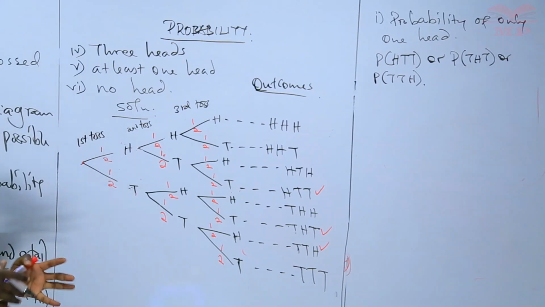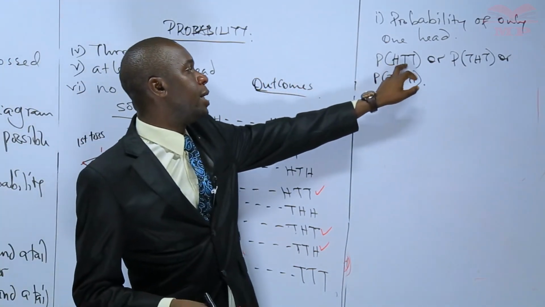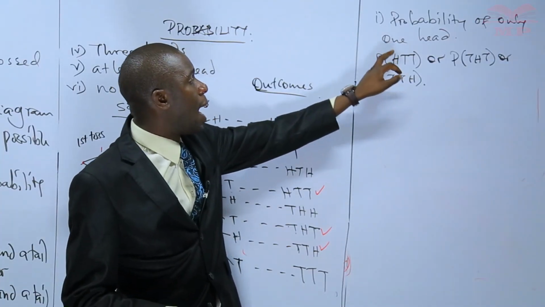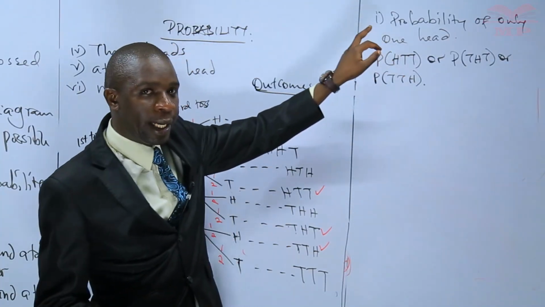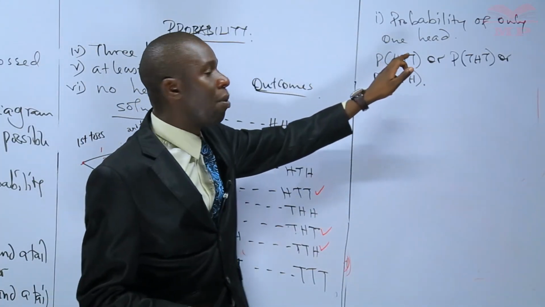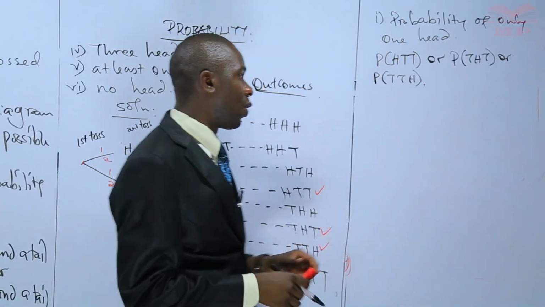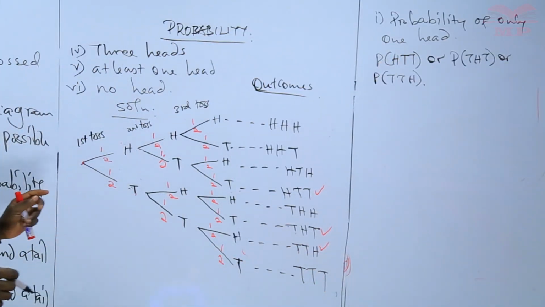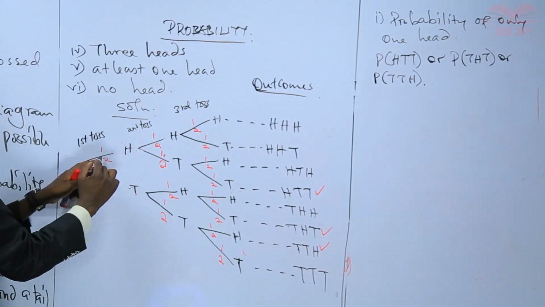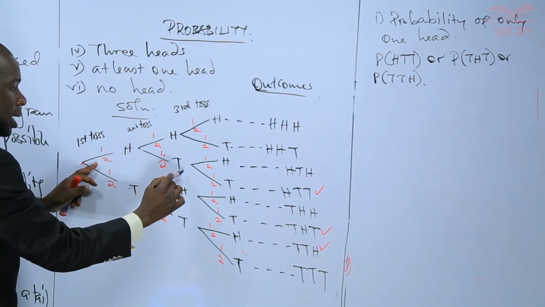Now, there's something I want us to remember. For example, if we say head, tail, tail, what it means is we are looking at the probability of head and tail and tail. In other words, it's the probability of head times the probability of tail times the probability of tail, in that order. So this is a half and a half and a half.